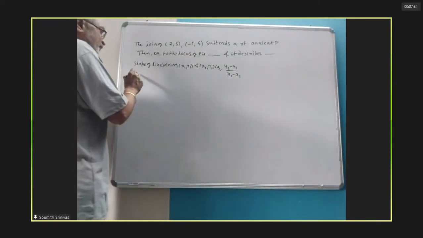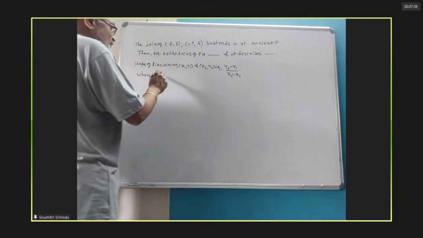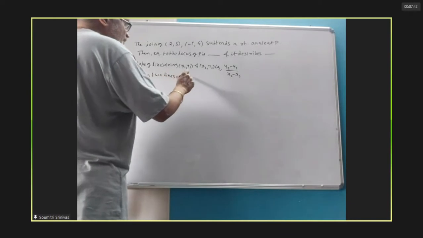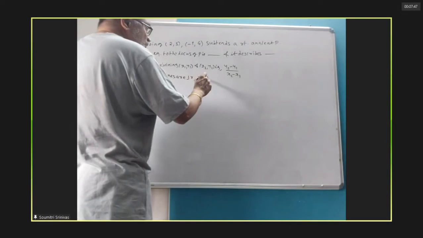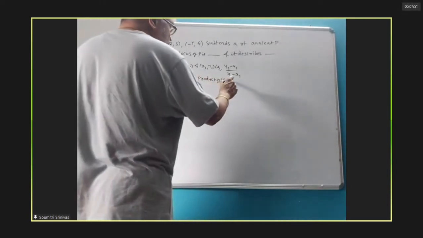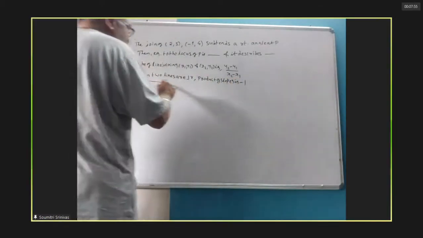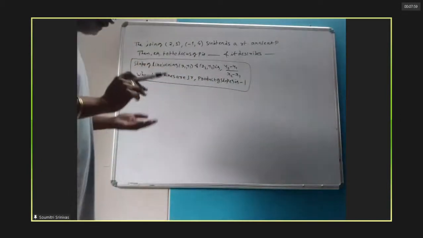What happens when two lines are perpendicular? The product of slopes is -1. Apply these two ideas. You should get the answer.